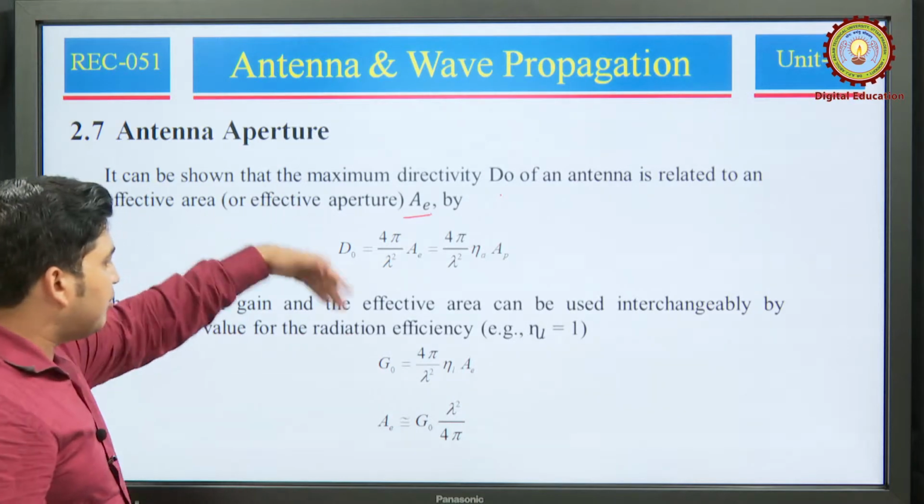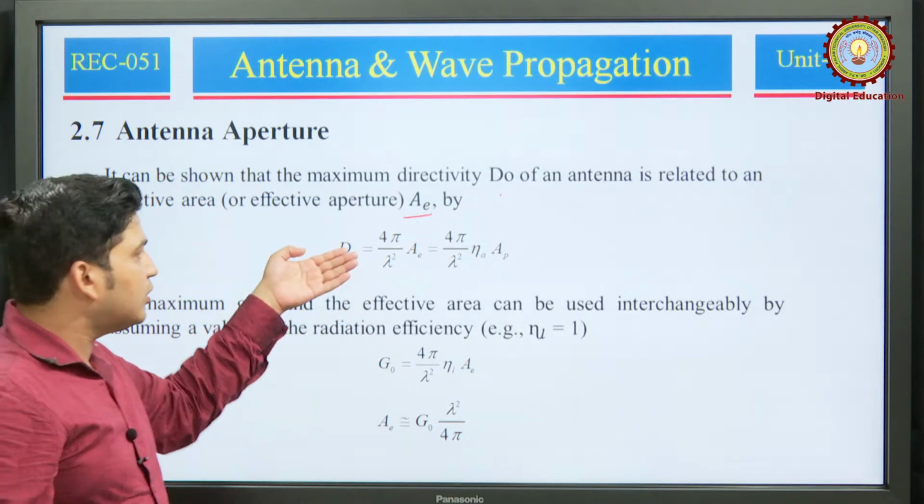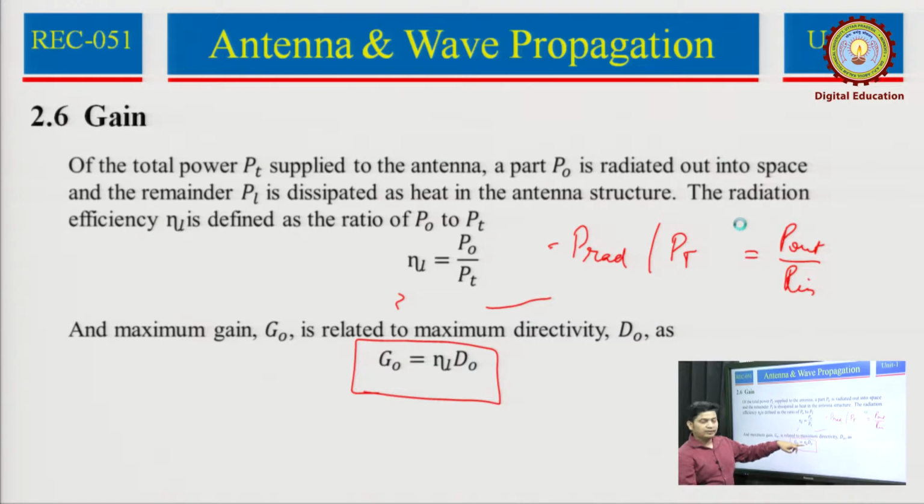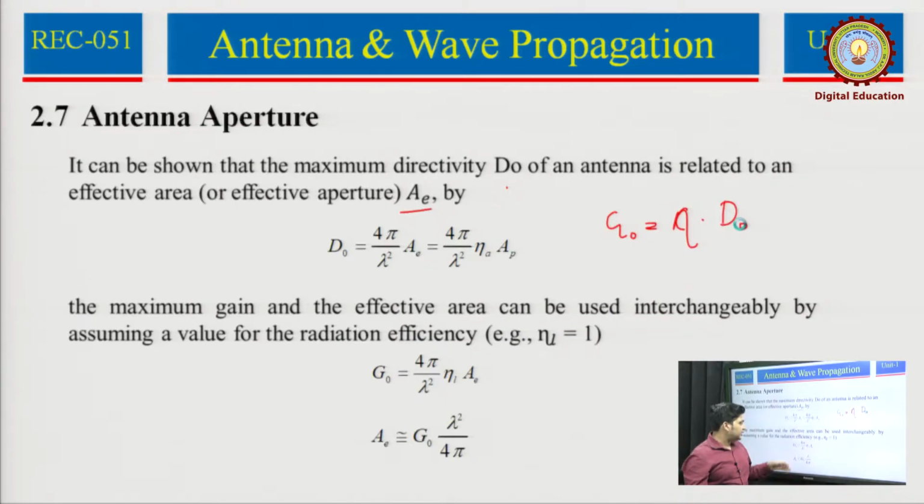Now, we have converted into terms of gain, because directivity is related to how much? Gain G naught is nothing but efficiency into D naught. Remember the previous formula in this slide? So, you can convert directivity to gain. So, this is the formula. Okay. So, both ways we can represent the directivity form or the gain form.